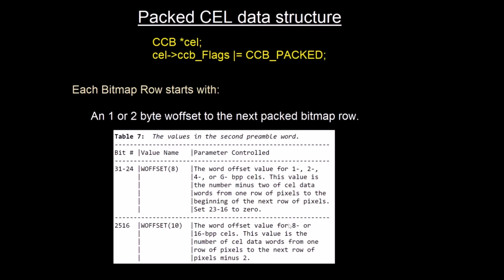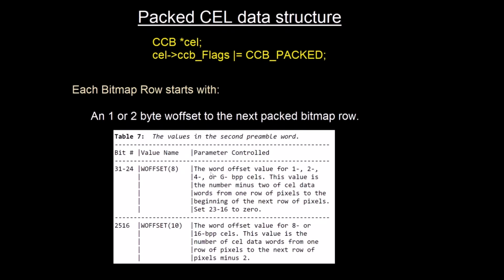If your bitmap is of 8 or 16 bits per pixel color depth, then it goes to this category where the bits 16 to 25, this is occupying the second byte from the left, the first and the second byte, the highest byte and the second highest byte. That's why it's 2 bytes if your bitmap is 8 or 16 bit depth.